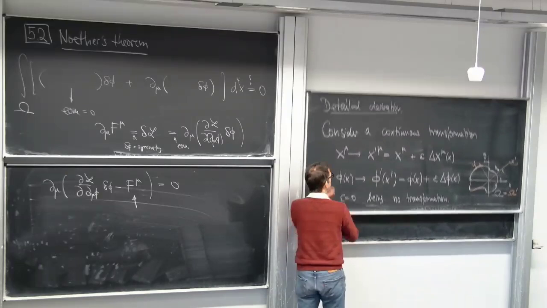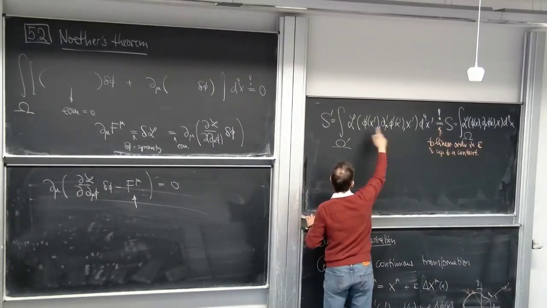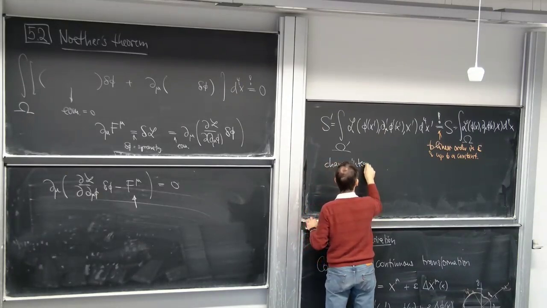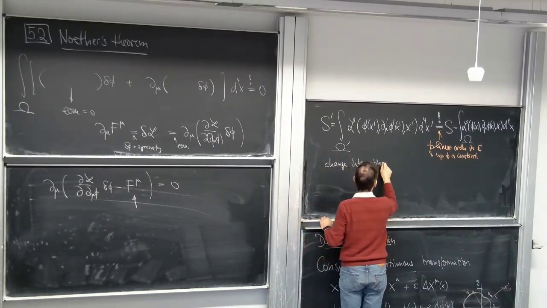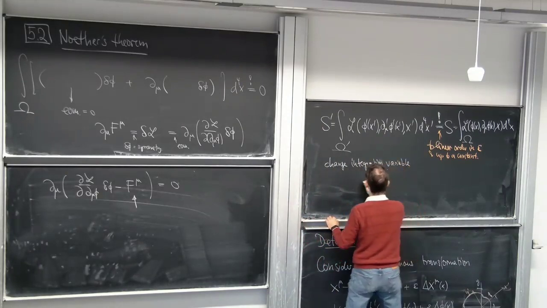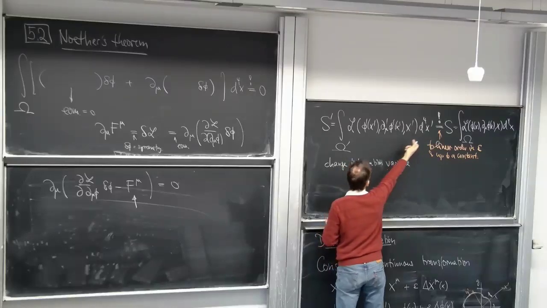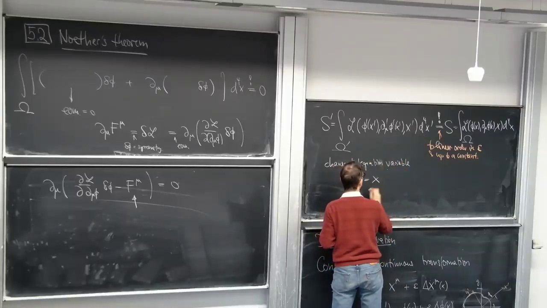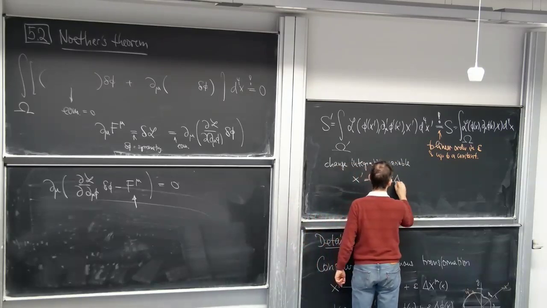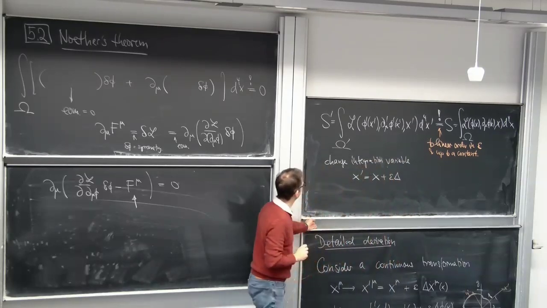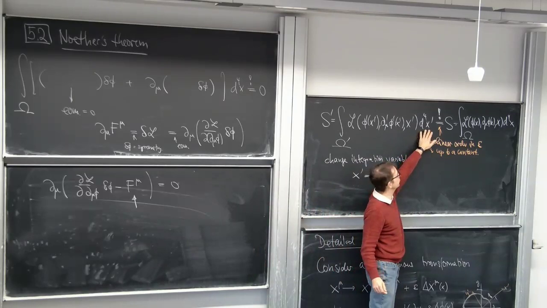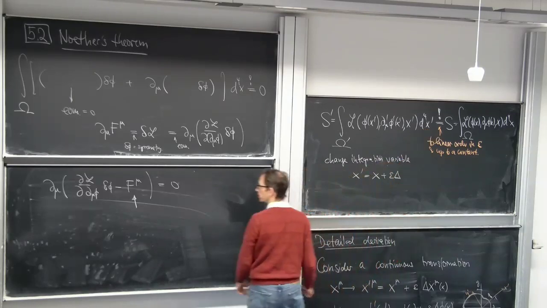So changing coordinates in this integral, change integration variables from x prime, that's the integration variable, to x without the prime, but that is plus epsilon delta x. This is what I'm going to do. And let's first work on the integration measure, which is the only work we have to do.